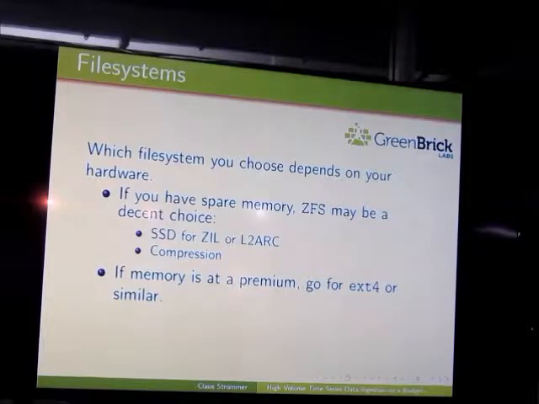ZFS is rather memory hungry, but it gives you some good features, particularly when you have hybrid hardware. You can run almost everything on spinning hard drives, like your volume for your hot indexes, but you can put your ZFS intent log or your L2ARC on an SSD, and these are effectively buffers.